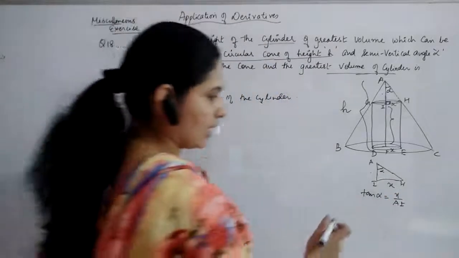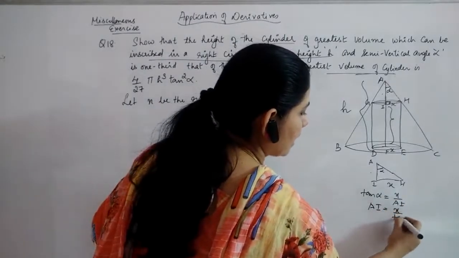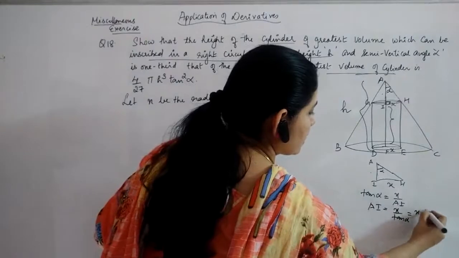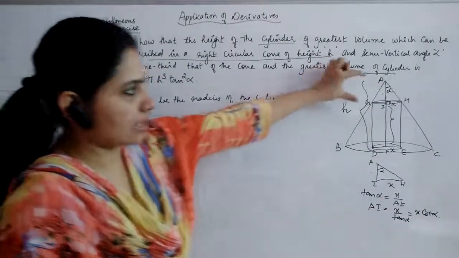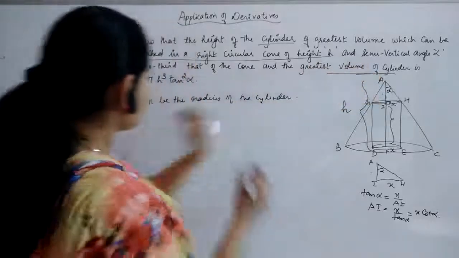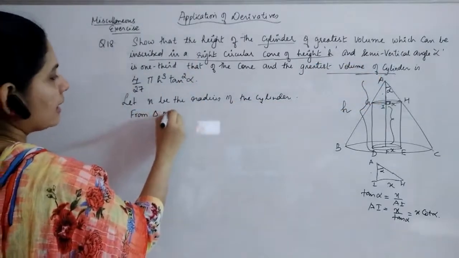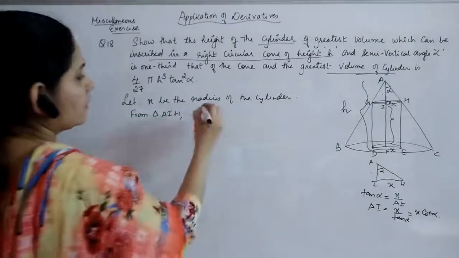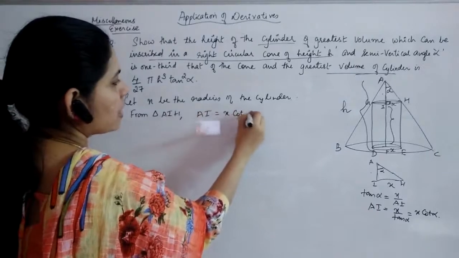AI is equal to x by tan alpha, which can be written as x cot alpha.